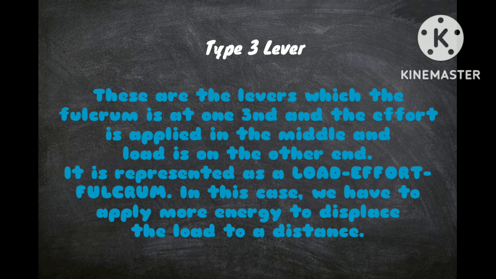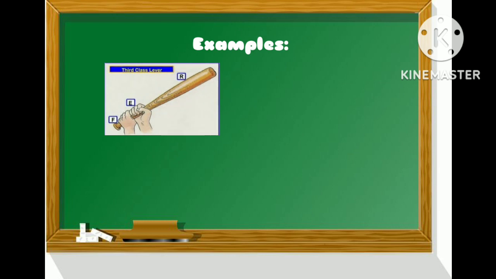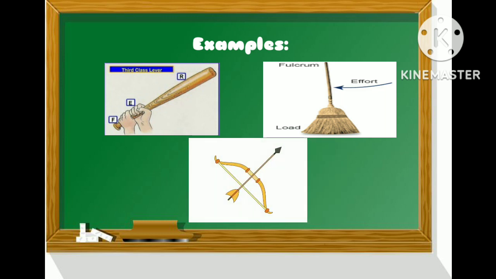In this case, we have to apply more energy to displace the load to a distance. These are the examples. The first one is baseball bat. The second one is broom. And the last is arrow.